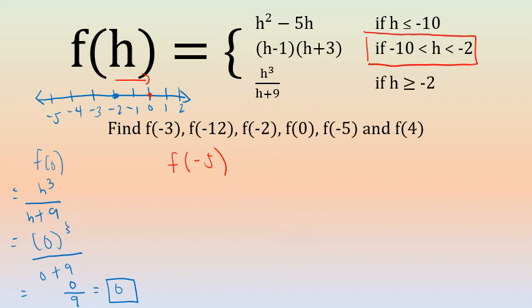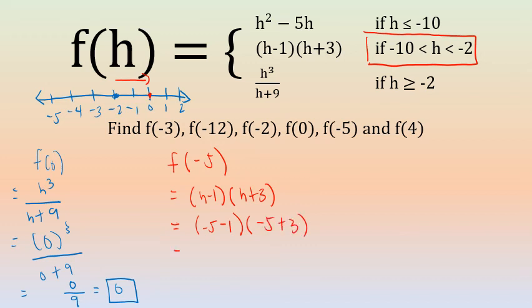So, we will be using the second subfunction, h minus 1 multiplied by h plus 3. Okay? And substitute for us to evaluate negative 5 minus 1 multiplied by negative 5 plus 3.